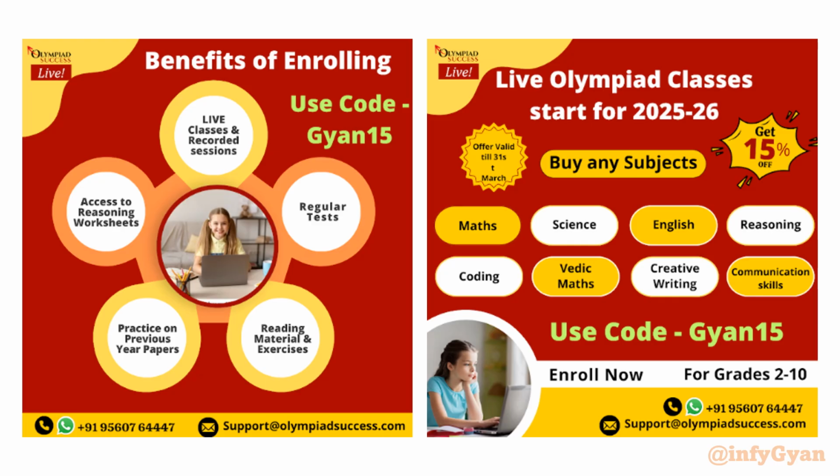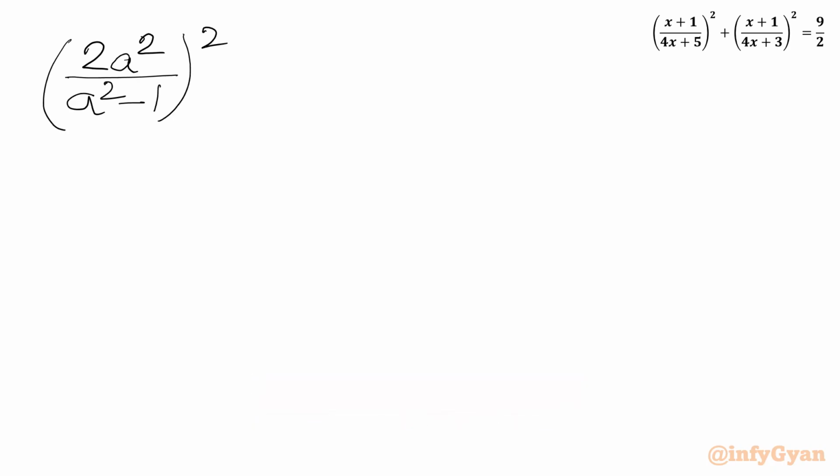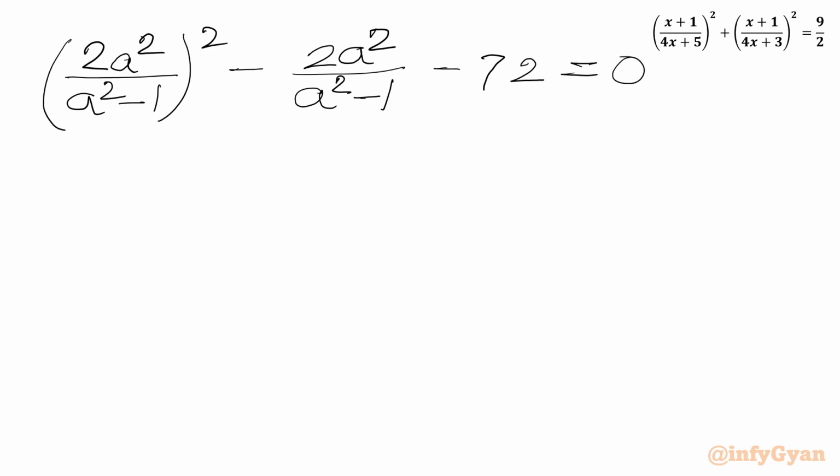Let's come back to our equation. I will write 2a² over (a² − 1) whole squared minus 2a² over (a² − 1) minus 72 equal to 0.